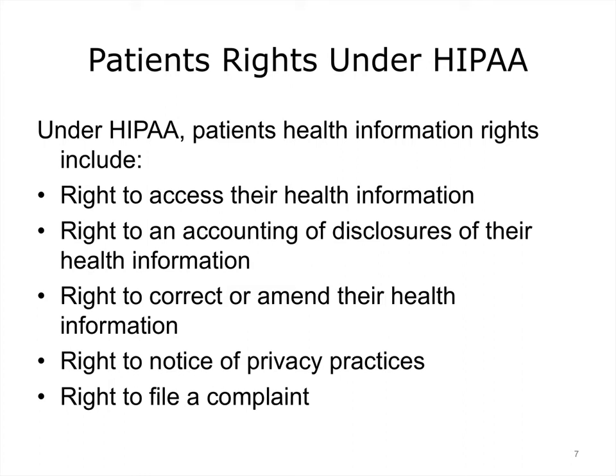The Privacy Rule defines and limits the circumstances in which an individual's protected health information may be used or disclosed by covered entities, restricting this to the minimum PHI necessary to carry out the purposes of a request, use, or disclosure. It also gives patients broad rights to access their health information and to request information about how a covered entity uses their information.